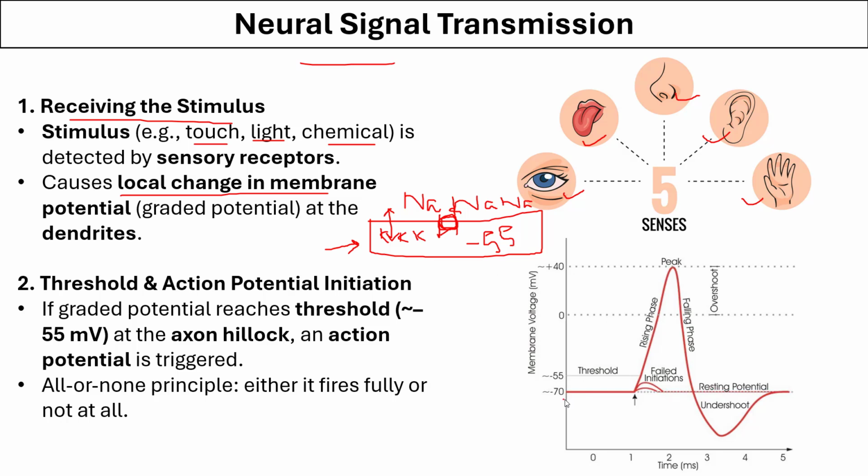So we consider that inside of the membrane is negative when there is no impulse in the neuron, or neuron is at rest. So that resting potential is shown here, and resting potential is about minus 70 to minus 55 millivolts.